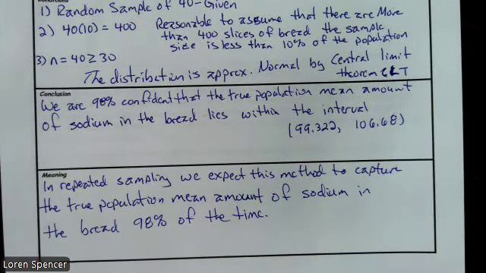So, in repeated sampling, we expect this method to capture the true population mean amount of sodium in the bread 98% of the time. And that's our confidence interval.